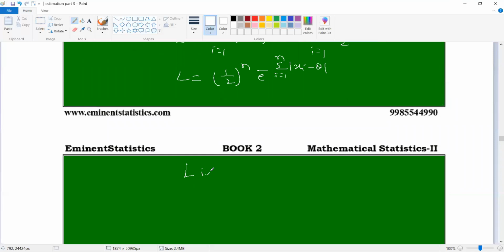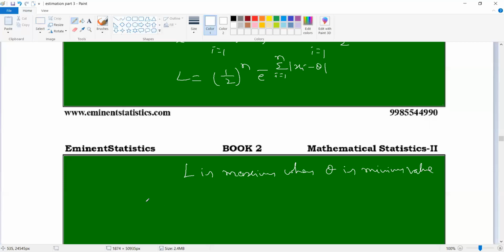Our aim is L maximum. That happens when the summation is at its minimum value, because of the modulus. See the difference between the previous problem and this problem. L is maximum when the summation is minimum.